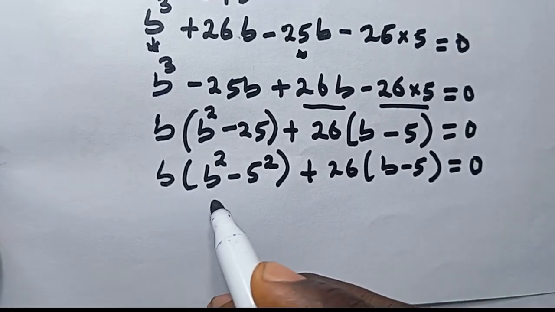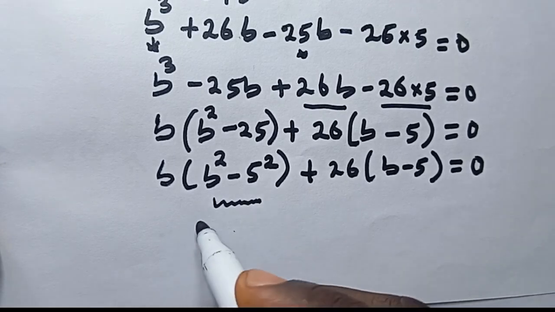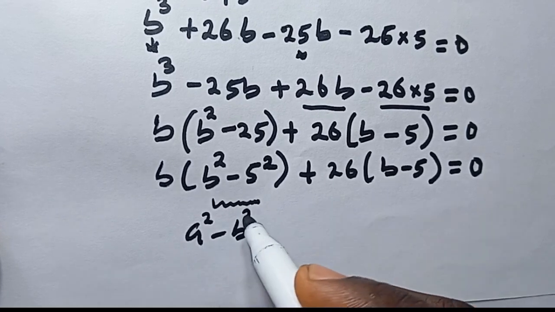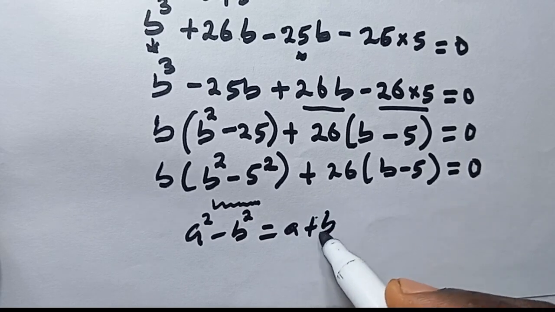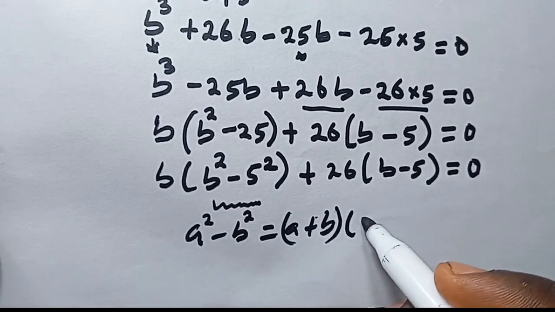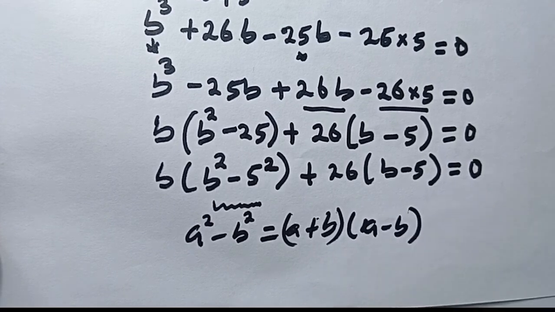So I'm going to apply the difference of two squares right here, and of course you know that when we have a^2 minus b^2, you can expand this as (a + b)(a - b).